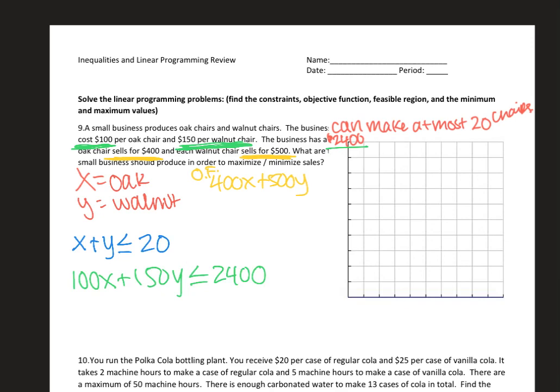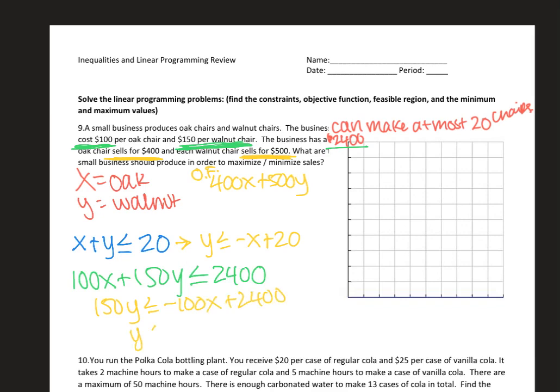Okay. All right, we have to change both of these. So this is y is less than or equal to negative x plus 20. And changing this one, we should have 150y less than or equal to negative 100x plus 2,400.